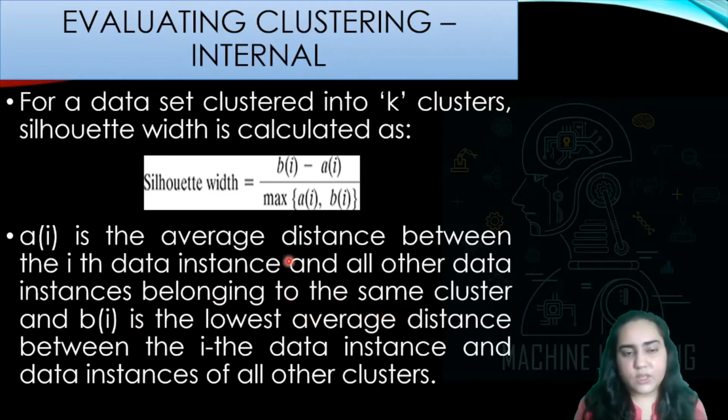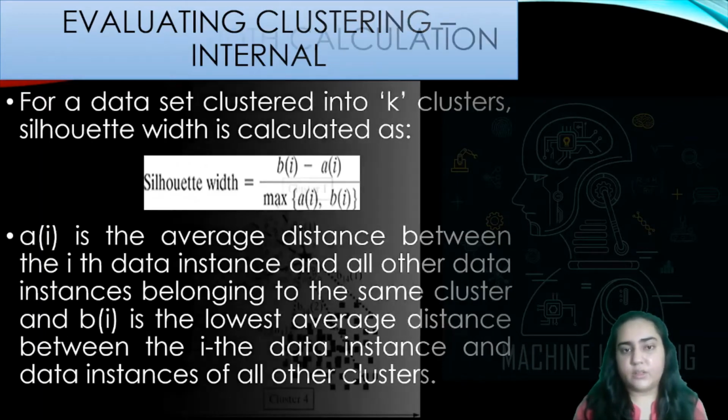You're calculating the average distance between the ith data instance and the others, and the ith data instance might be the centroid of that cluster, so calculating the distances of all the points in that cluster from the centroid. Okay, and bi is the lowest average distance between the ith data instance and the data instances of all other clusters. So bi is measuring the distance of the ith data instance between one cluster and a cluster outside. Okay, so ai is about internal distance, bi is about distance of that cluster from the other clusters.